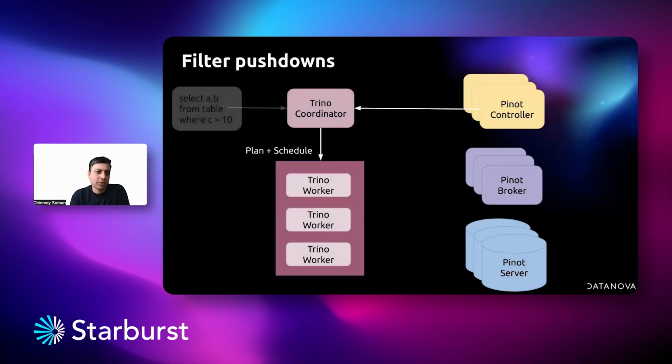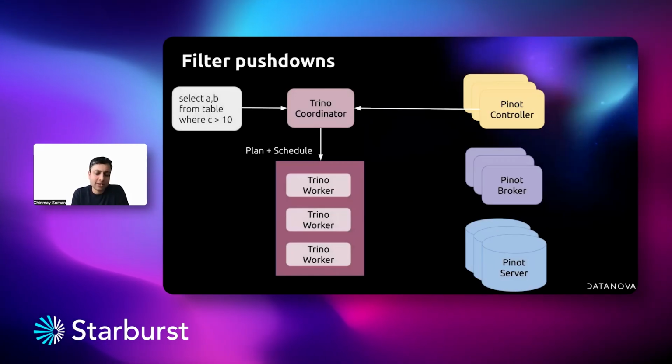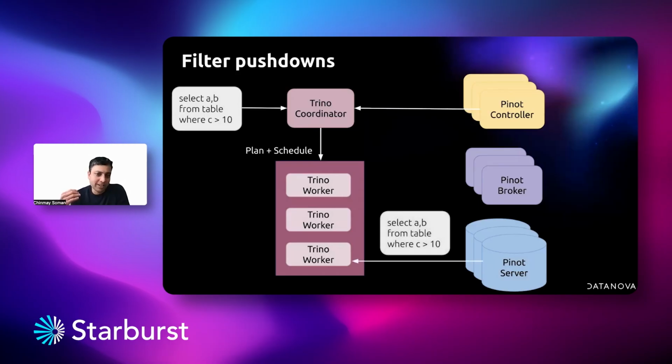Let's look at another example. This is a much simpler query where we are simply doing scans of two columns A and B with the filter predicate as shown here. As I mentioned before, this is something that Trino will actually resort to just doing raw scans directly from the Pinot servers. So this will obviously be in parallel. It'll fetch the data from the respective Pinot servers.